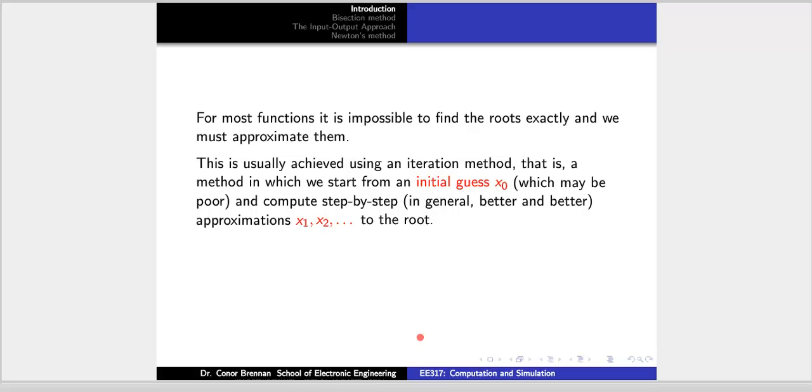That may be a good guess, it may be a very poor guess, and we're going to, in general, compute step-by-step updated approximations, x1, x2, until we get closer and closer to the root. This is our broad strategy. How we form an initial guess, and more importantly how we update it to get x1, x2, is going to determine whether it's a good root finding algorithm or a bad root finding algorithm.